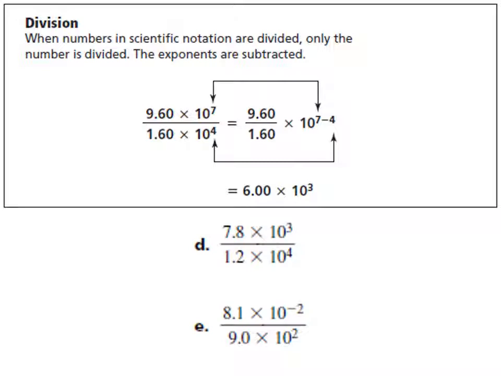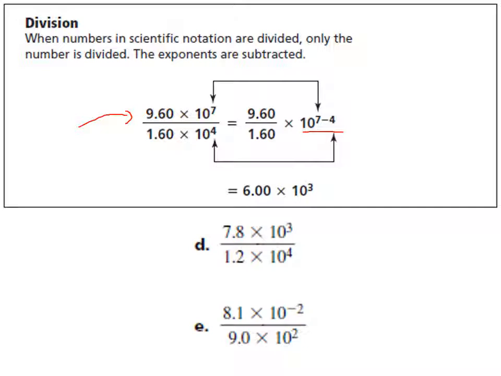So now we get to divisions, and we'll see that divisions are actually very similar to the multiplication, except you're dividing, and when you divide, rather than add exponents, you subtract exponents. So in this case, we have 9.60 times 10 to the power of 7 over 1.60 times 10 to the power of 4.